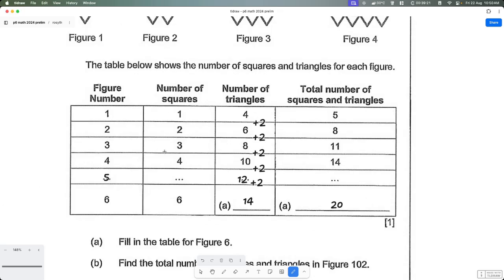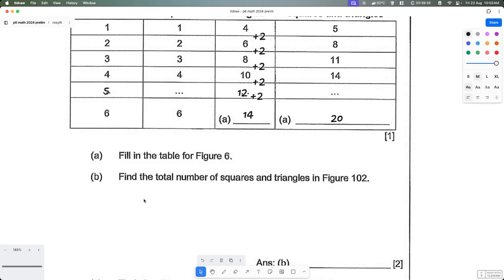So in this case, I think what we can do is 2 times 2 plus 2. So from 1 to 4 over here, the pattern is figure 1 will get 4, which is basically 1 times 2 plus 2 equal to 4.